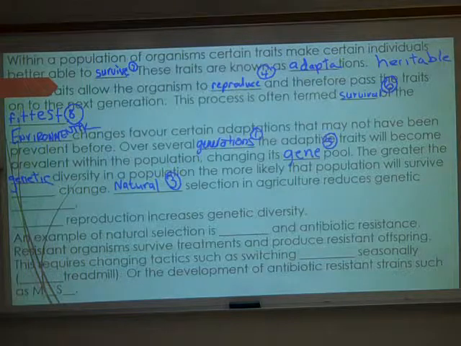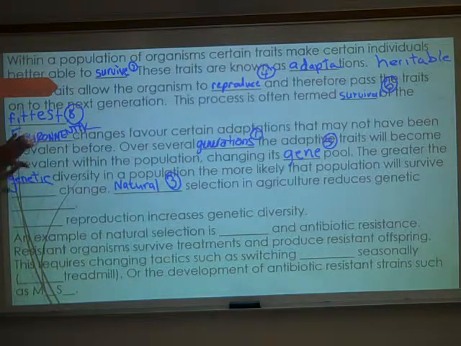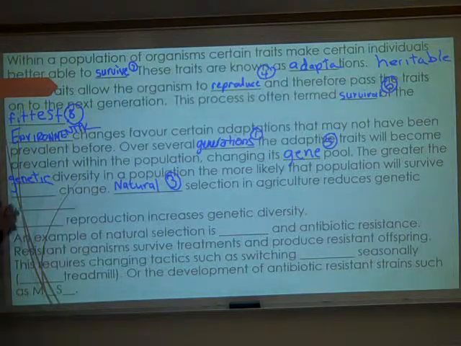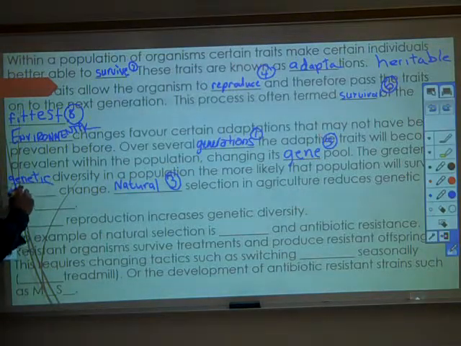With a population, when you have a change, there's enough of the type that are adapted to that change in the present population, then they will survive and they will spread those genes on to the next generation. Okay. So they can survive the environmental change.